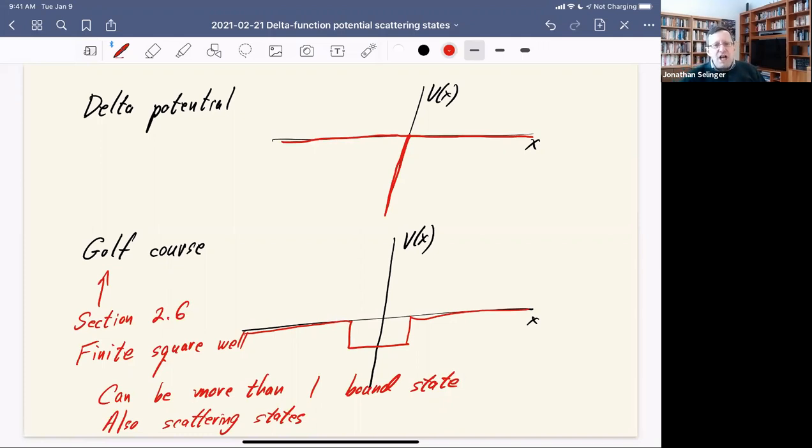Chapter 3 is designed to set up a general mathematical framework for quantum mechanics. And it's a framework that will lead us to a nice compact notation for wave functions. It's more compact than what we've been doing so far in the course.